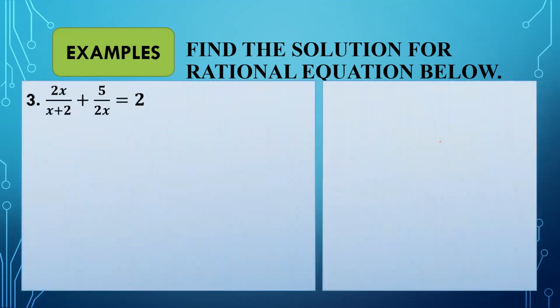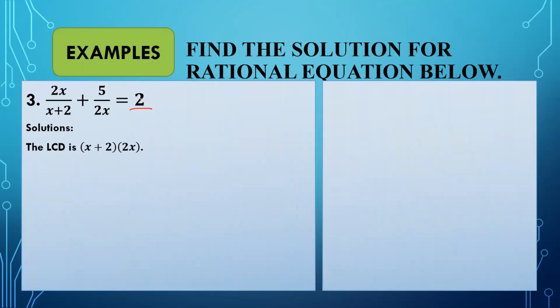So next, example number 3. 2x over x plus 2 plus 5 over 2x is equal to 2. So again, we need to find the solution. The LCD for this one is x plus 2 times 2x.